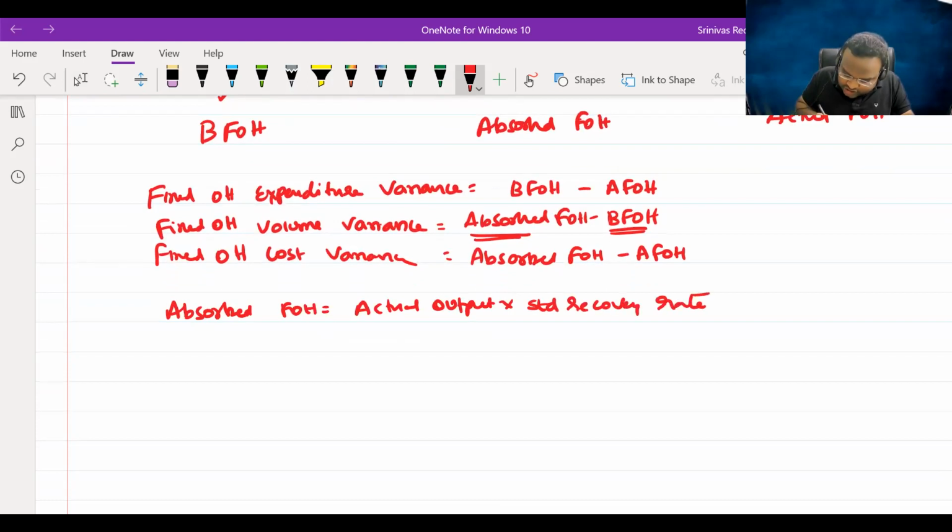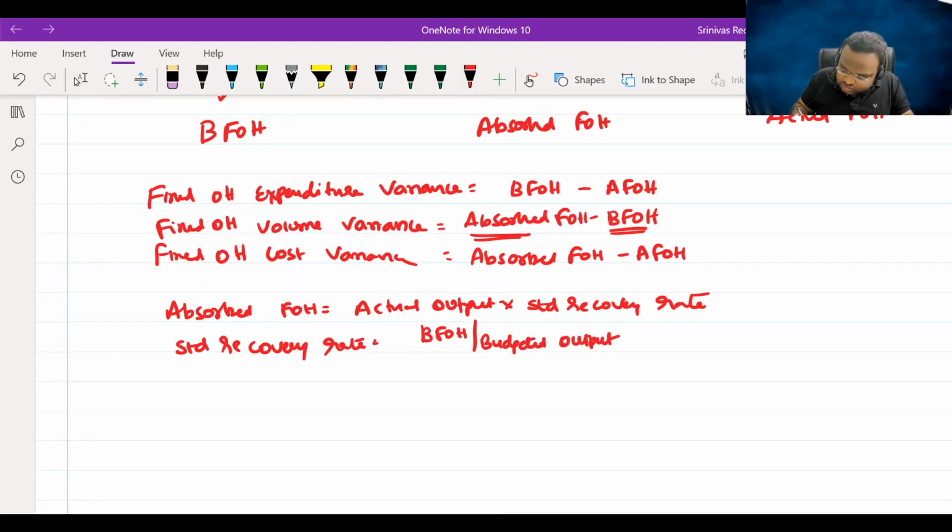How will you arrive at standard recovery rate? Standard recovery rate is equal to budget fixed overhead divided by budget output. Now, if it is based on hours, budget fixed overhead divided by budget hours.